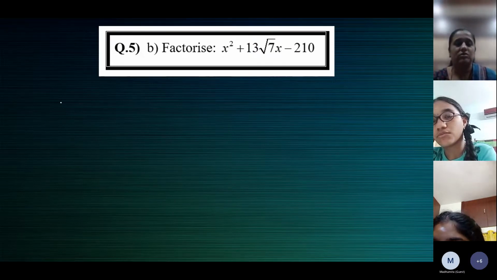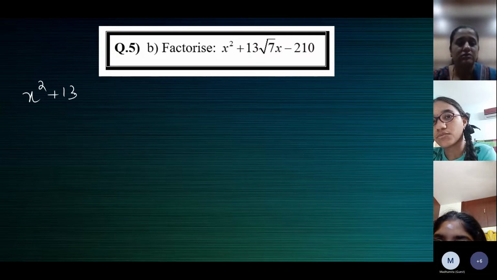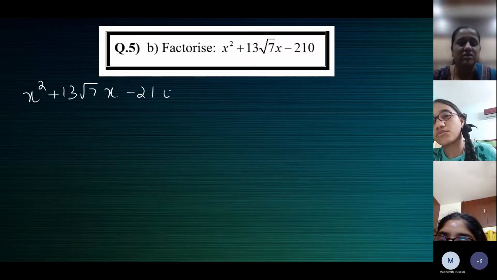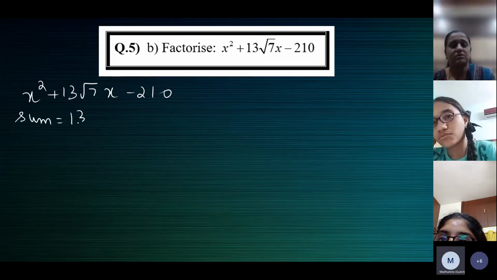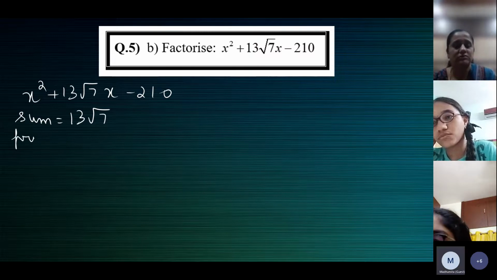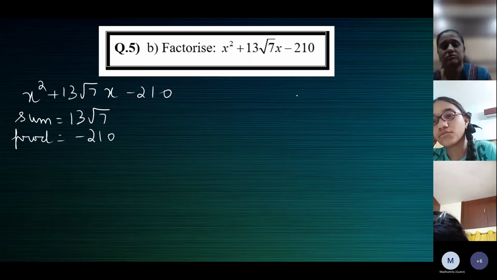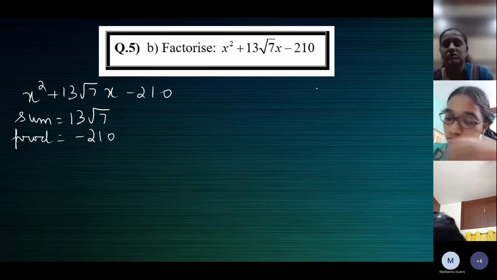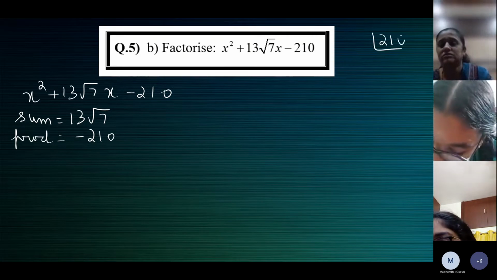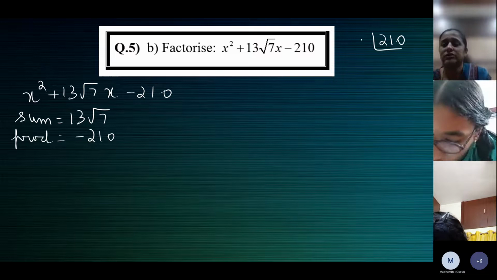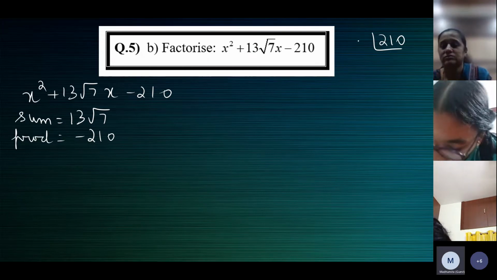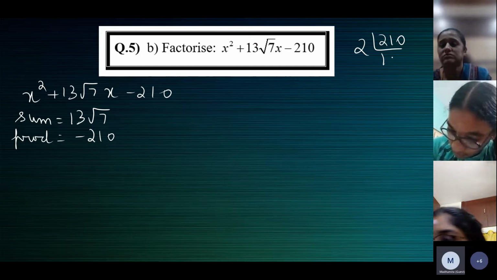Okay, so I think nobody is able to factorize this. So let me just check. Minus 210. What is the sum, children? 13 root 7, ma'am. Product? Minus 210, ma'am. What are we supposed to do? Take the factors of 210, right? Yes, ma'am. We'll start with 2. How many times? 105, ma'am.